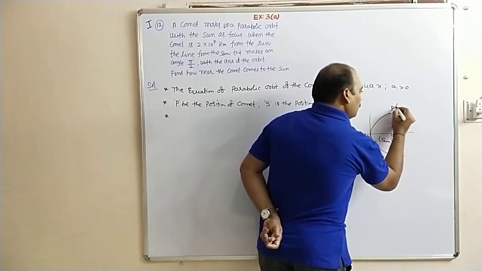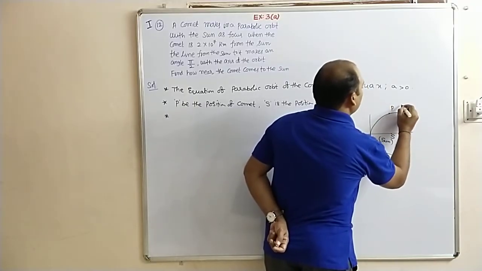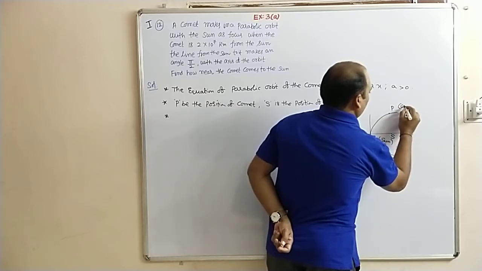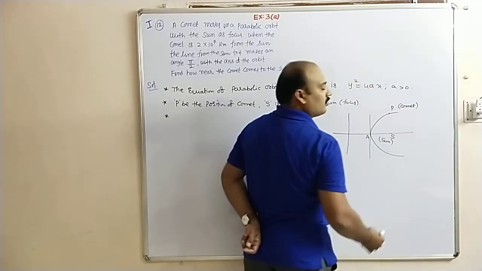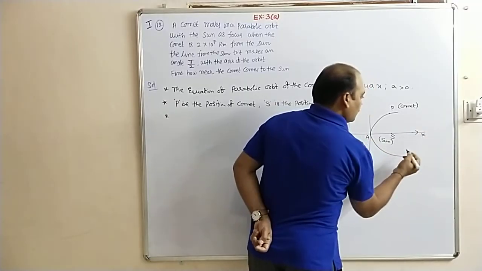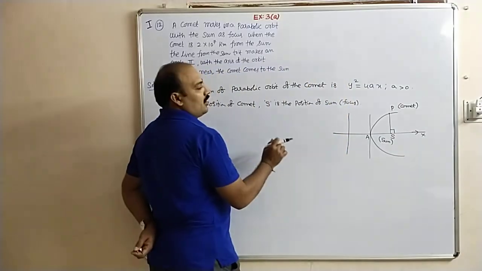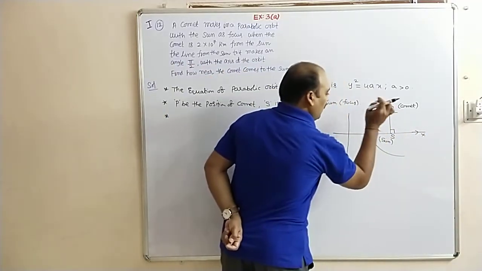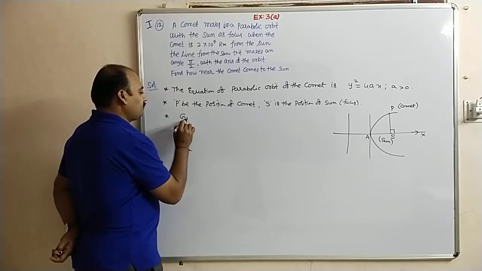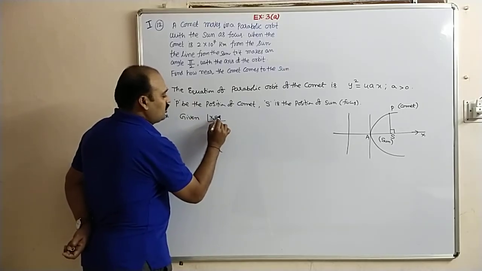P be the point, here it is the comet. And this is the axis of the parabola, the x-axis. And they mention that angle XSP is given. Angle XSP is equal to pi by 2.